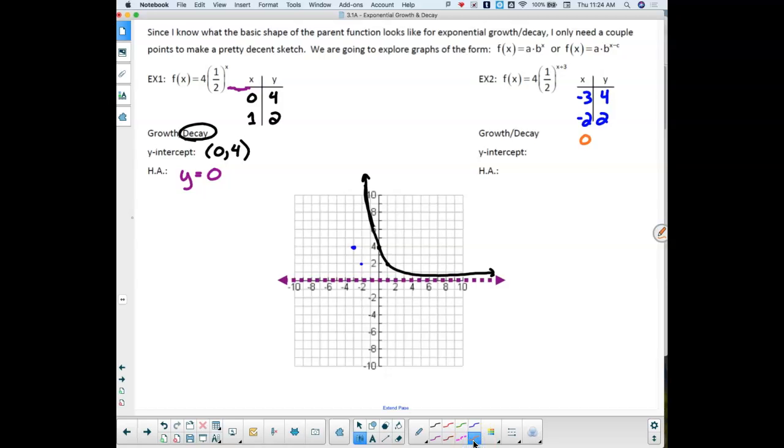If I plug in 0, 0 plus 3 is 3. 1/2 to the third power. Yeah. 1/8 times 4. One-eighth times 4.